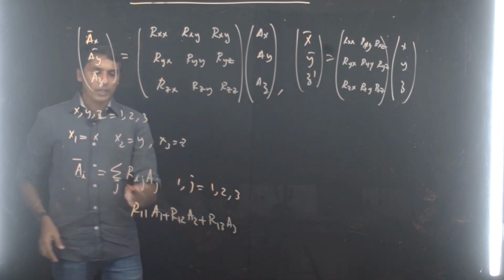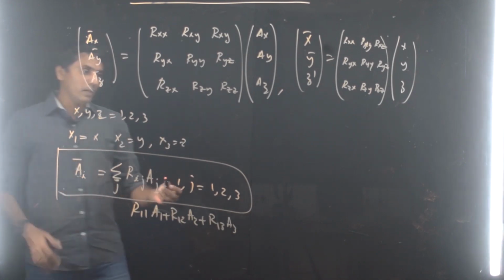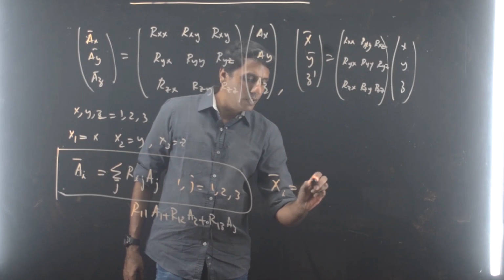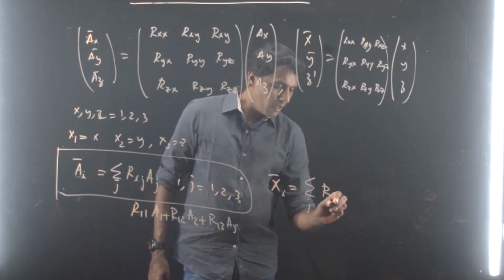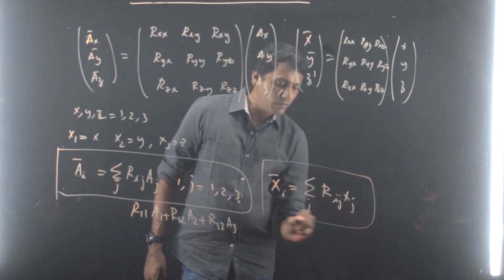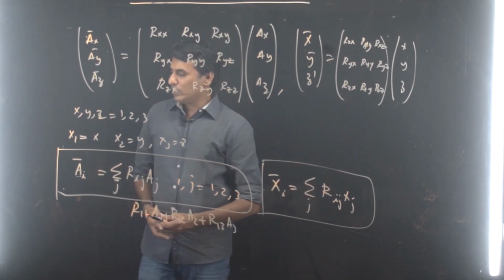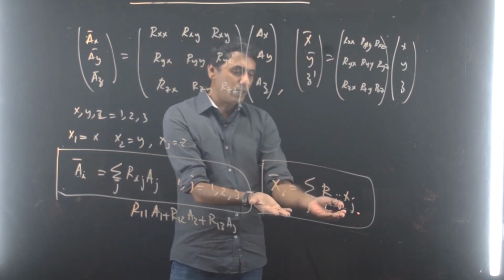Similarly, you can write x bar i equal to summation over j of r i j x j, with i and j running from 1 to 3. This is the way the coordinates of a vector transform, and this is the way the coordinates themselves transform.